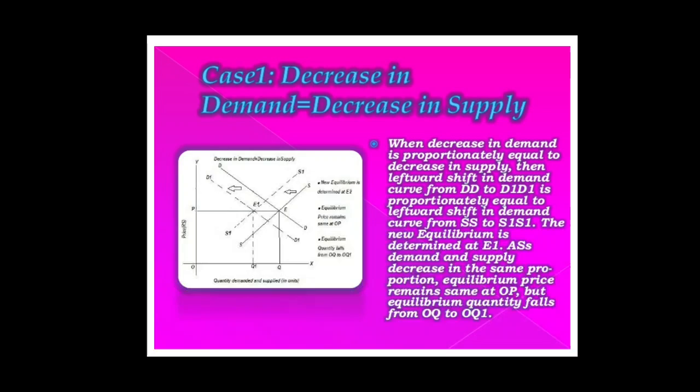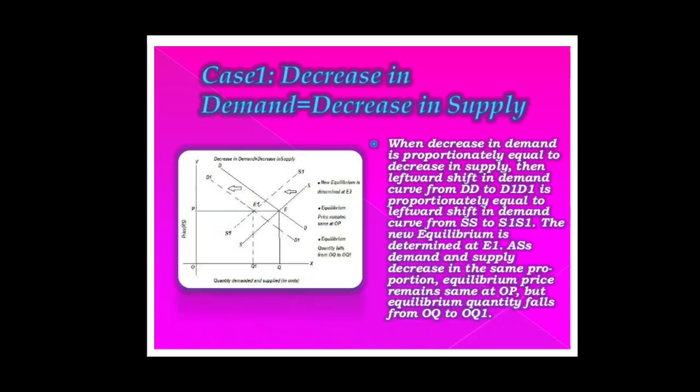Here in this figure, the original equilibrium position is at point E, where the initial demand curve DD and supply curve SS intersect each other. And at point E, equilibrium price is OP and equilibrium quantity is OQ. In case of decrease in demand and supply, the demand curve shifts leftwards from DD to D1D1, and the supply curve also shifts leftwards from SS to S1S1.